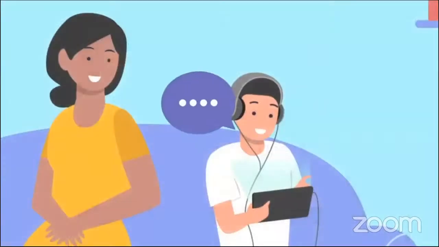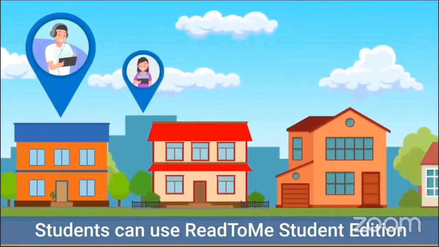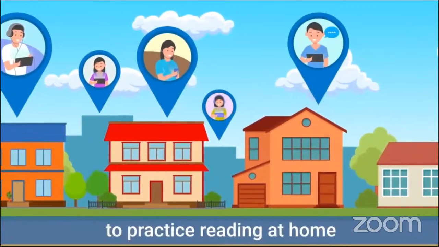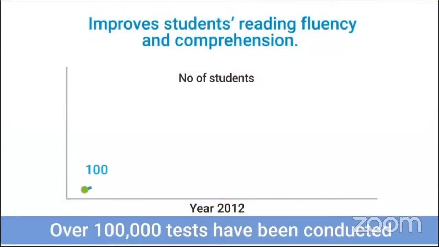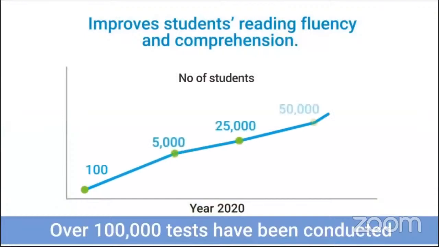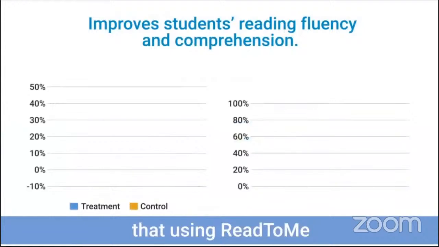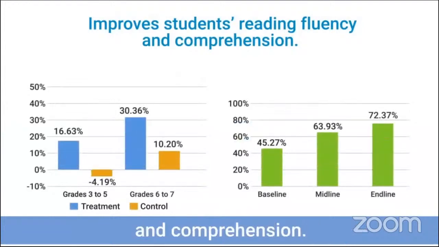Students can use ReadToMe Student Edition Android app to practice reading at home on their own. Over 100,000 tests have been conducted, which confirm that using ReadToMe improves students' reading fluency and comprehension.